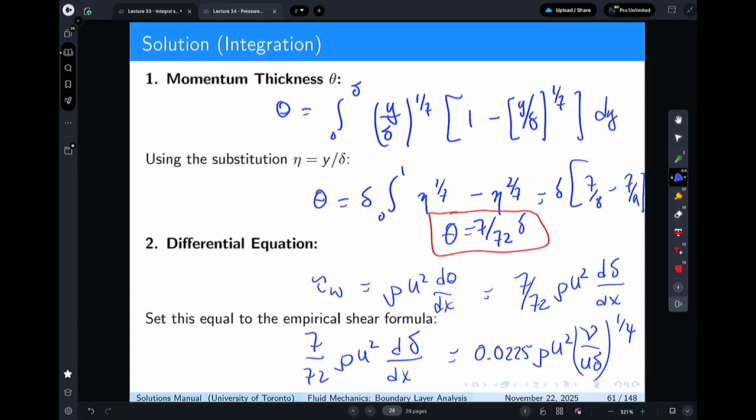That expression is the one they gave you at the very beginning for the shear stress at the wall.